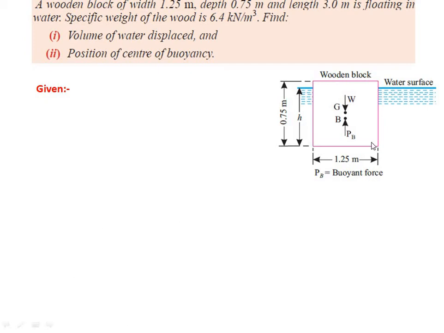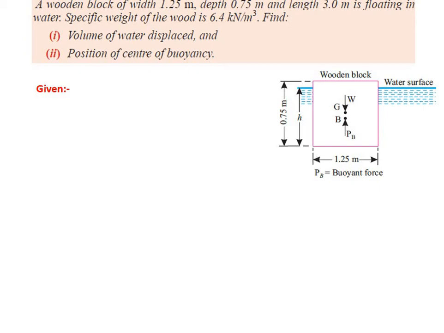Now, this is the wooden block immersed inside the water. The total depth of the wooden block is 0.75 meter. The total width is 1.25 meter, and some portion is floating over the water, and the remaining is inserted inside the water.